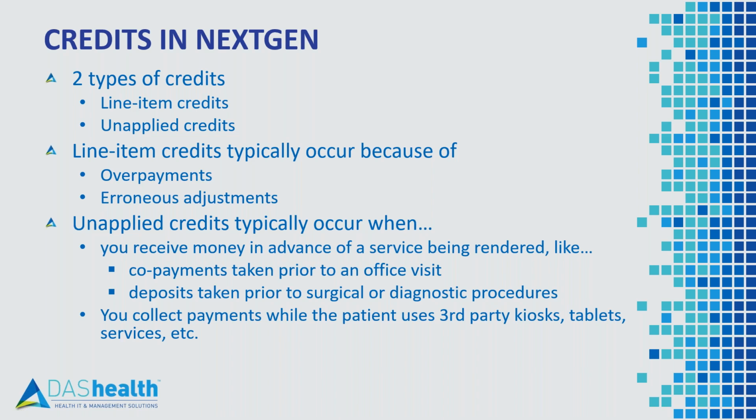So what we're talking about today is, there's two types of credits in NextGen, as you most likely know: line item credits and unapplied credits. The line item credits typically occur because of overpayments and erroneous adjustments. And the unapplied credits typically occur when you receive money in advance of a service being rendered, like receiving co-pays prior to the office visit, or if you take deposits prior to any type of surgical procedure or diagnostic procedure.